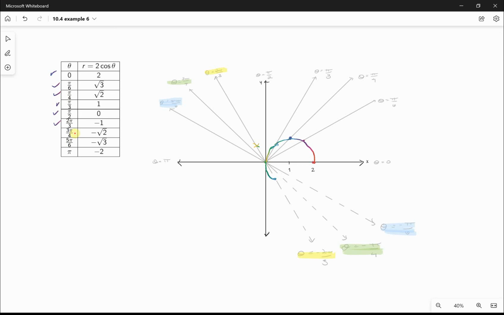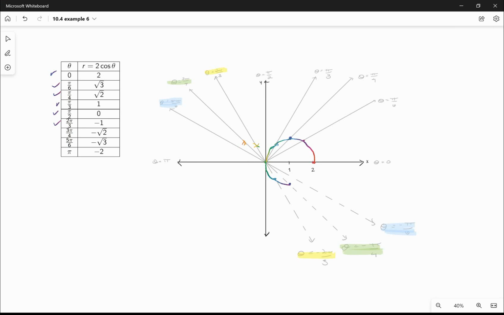So for the point (3 pi over 4, negative square root 2), we're first going to plot 3 pi over 4, positive square root 2, which is somewhere like right here. And then reflected across the origin, about the point right there, and connect these.